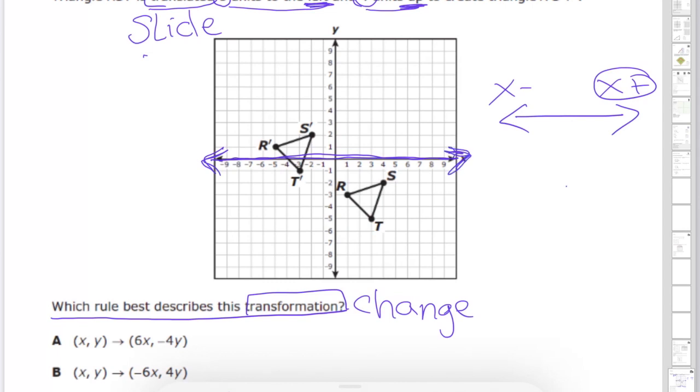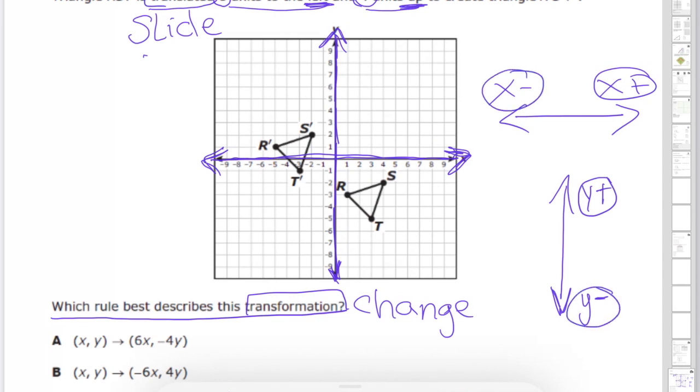So then we're going to draw a vertical arrow or a line, and this is going to represent my y-axis right here. And if we notice on my y-axis, when it goes up, y is positive. The numbers are getting bigger, and as we go down, my numbers are getting smaller, so y negative. Okay, so we just need to figure out what is happening.